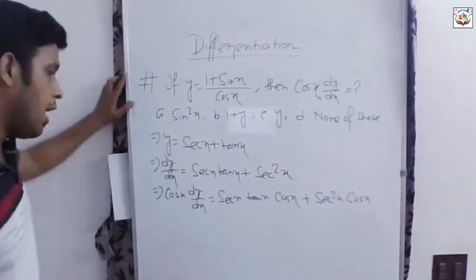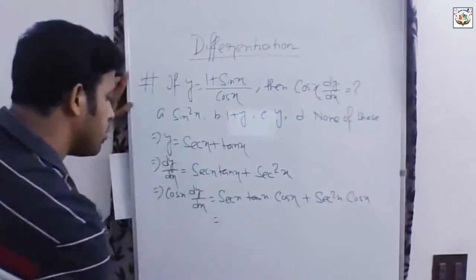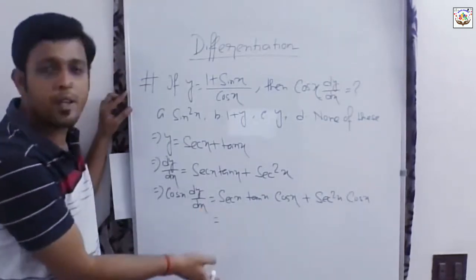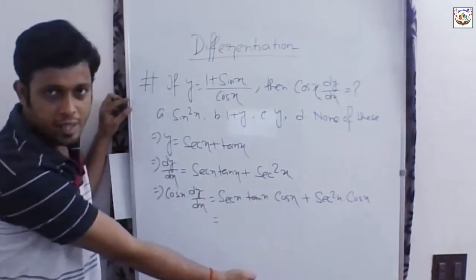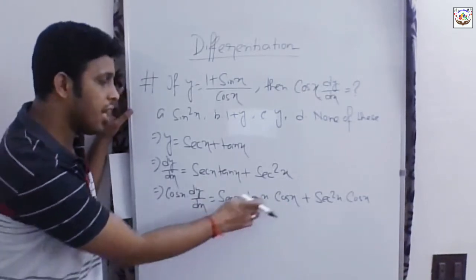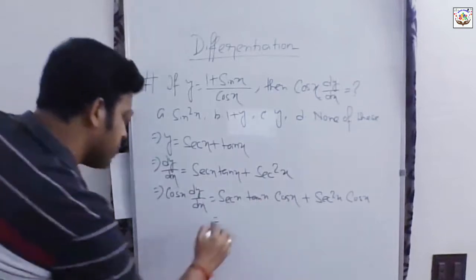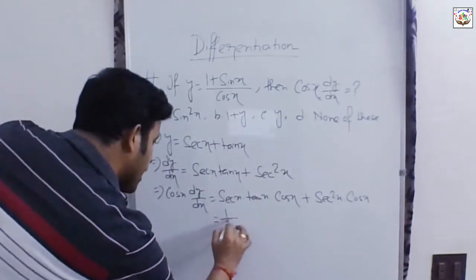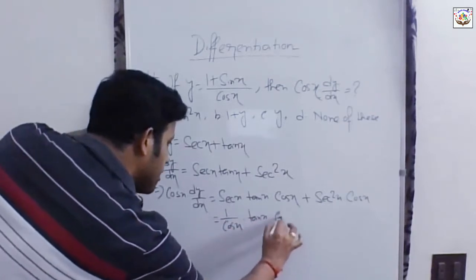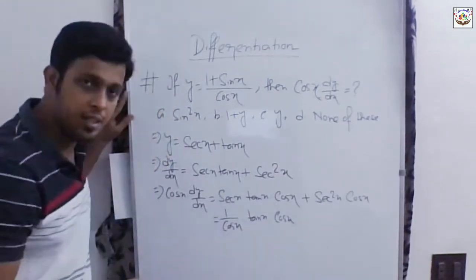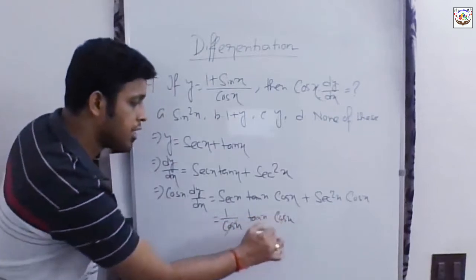Now as we know, sec x is 1 by cos x, right? Or you can say cos x is 1 by sec x. In any way, sec x and cos x can be cancelled out, because if we write sec x as 1 by cos x, keeping the tan x as it is and cos x as it is, we can easily cancel out cos x and cos x.